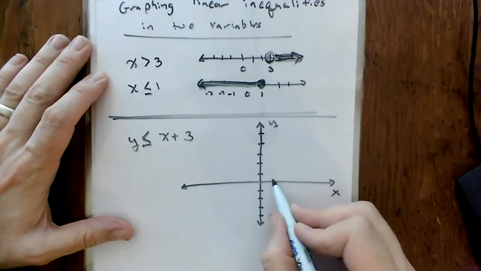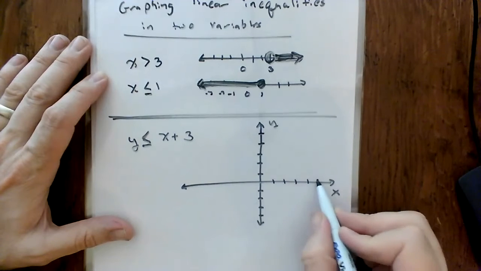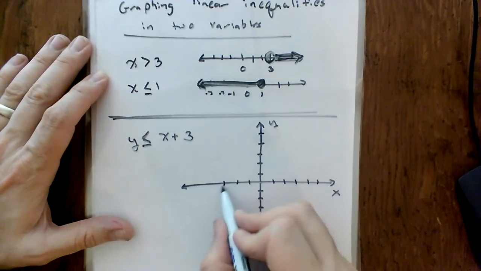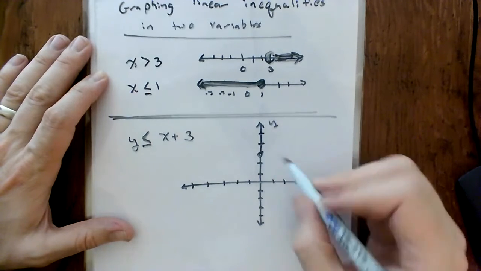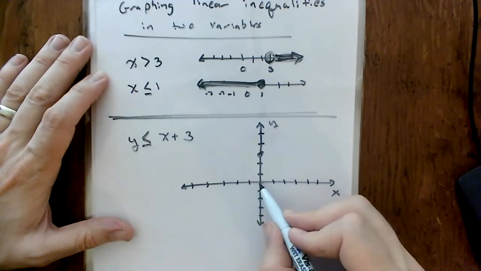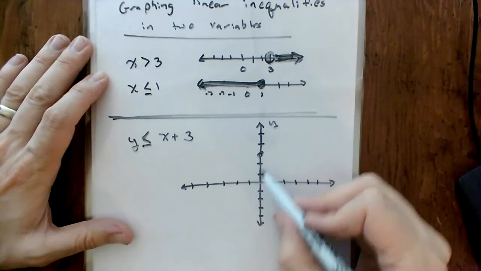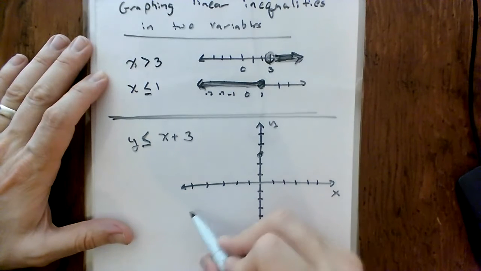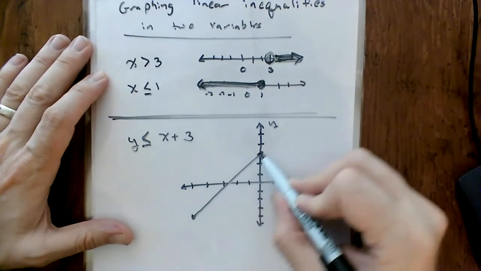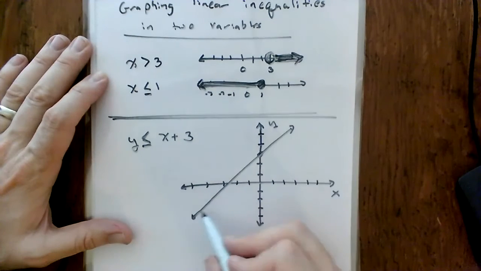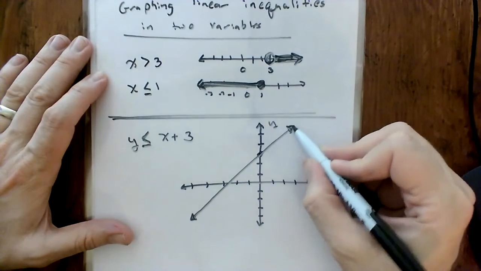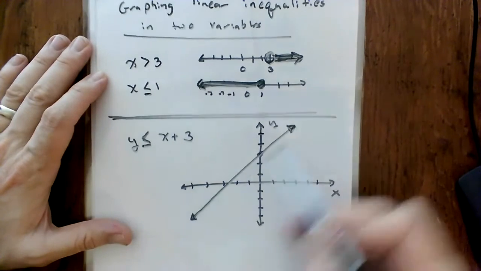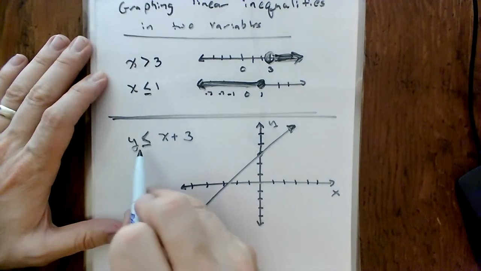In fact, I think we're going to do our next ones on graph paper. So when we graph this, and I'm not going to go into too much detail about how one graphs the line, I start by graphing the line, and because it can equal, everywhere on this line is where y is equal to x plus 3.